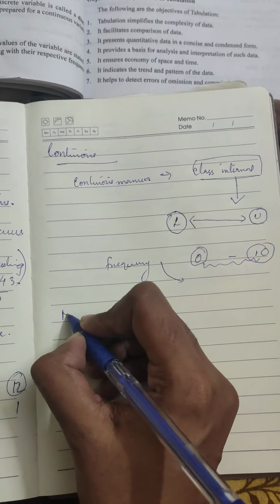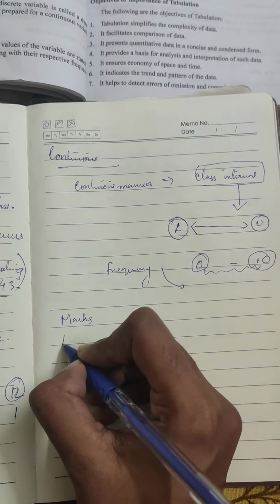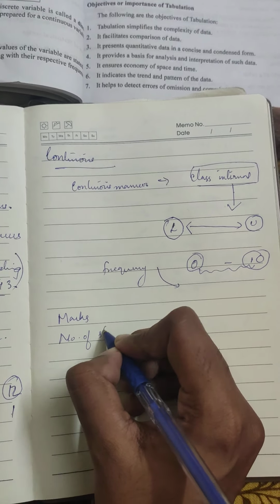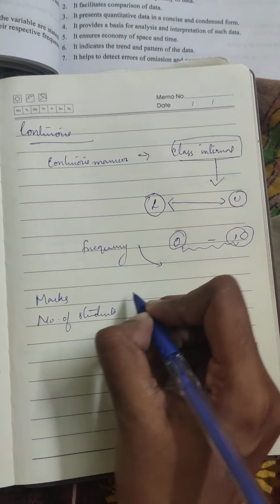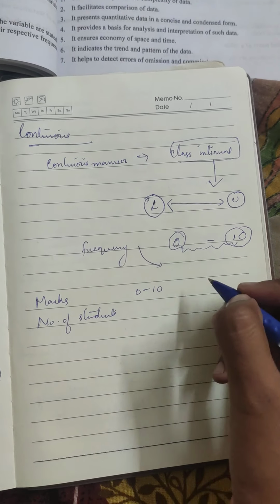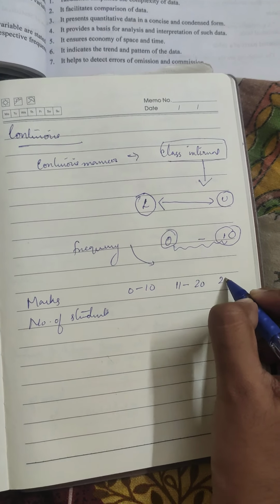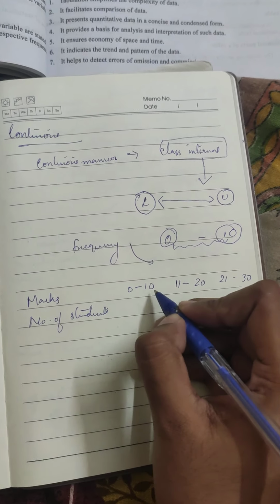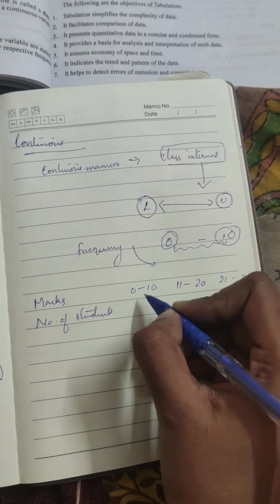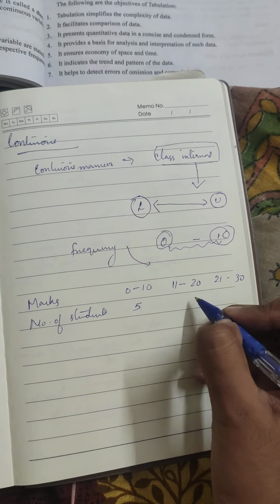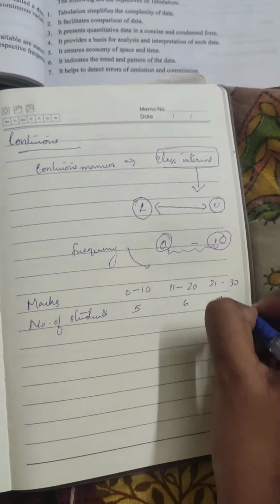Over here I might write marks, then number of students. I'm writing it as 0 to 10, and then maybe 11 to 20, 21 to 30. Those students who come under each class interval, I can find out the data and then write.